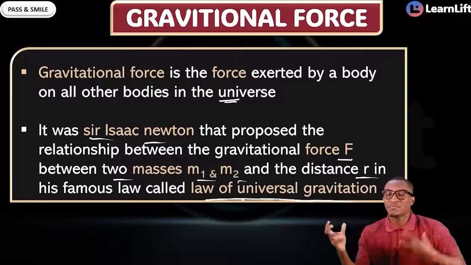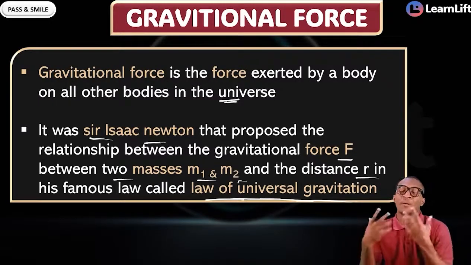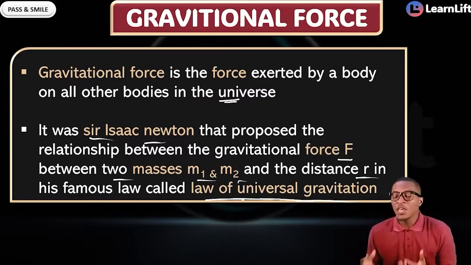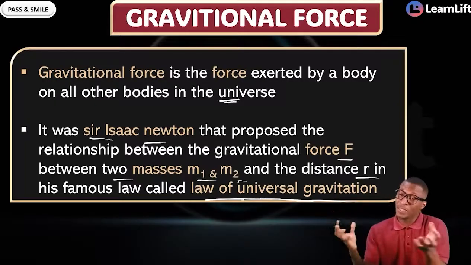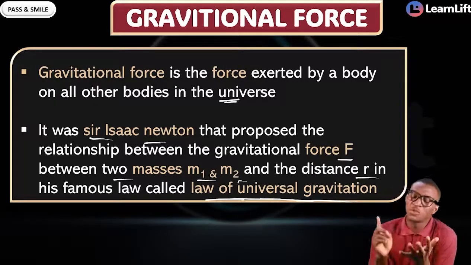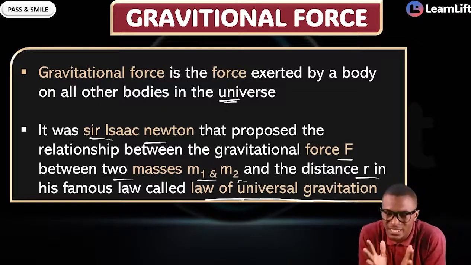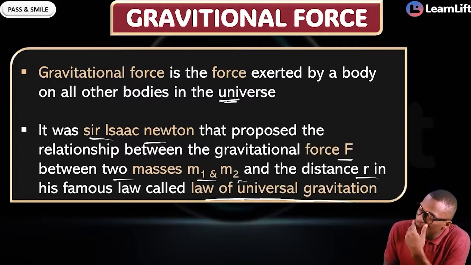These two bodies must have mass, because everybody has mass and occupies space, and they are separated by a distance. So there's a relationship between the force, the mass, and the distance. He gave that in a law called the law of universal gravitation, given by Isaac Newton.